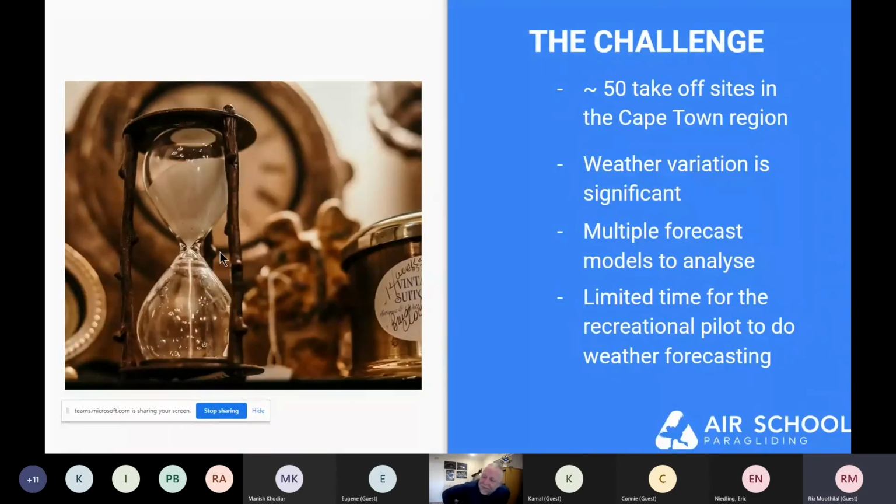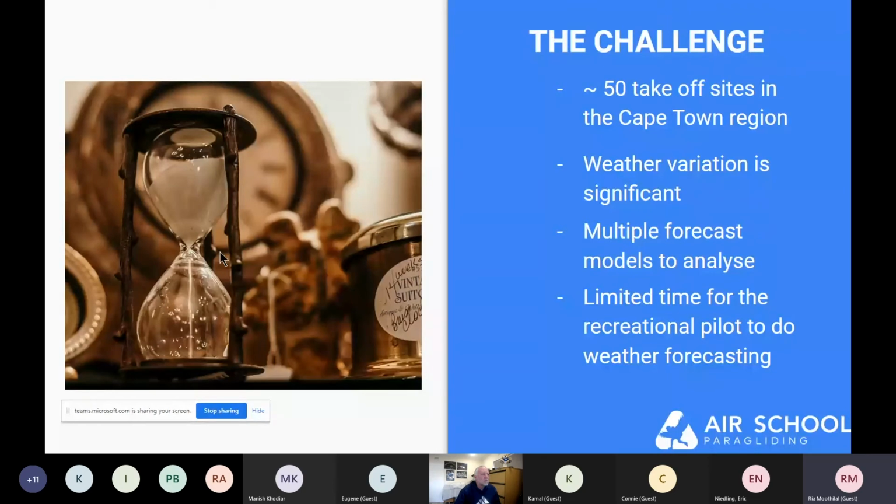The other challenge now, and this is why I built my tool, it's really aimed at the recreational pilots who don't have the time to go and analyze 50 takeoff sites. I mean, if it took you 1 minute per site to analyze, it's going to take you 50 minutes to do all of them. So that's an hour a day. And the average pilot does have a job.